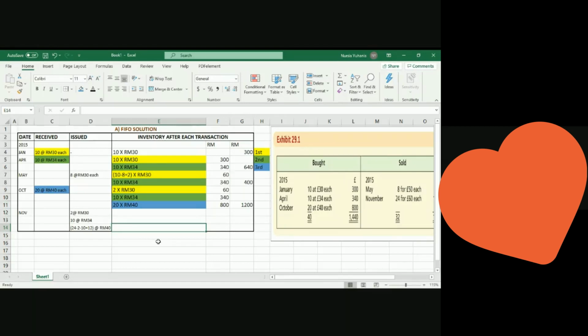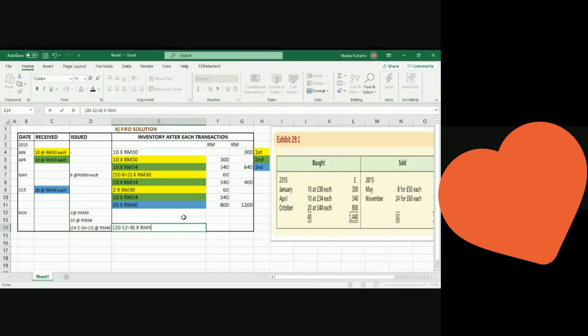Let me put the calculation. How much is the total for the blue? 20, right? And now you already sold 12, so minus 12. How much? 8.